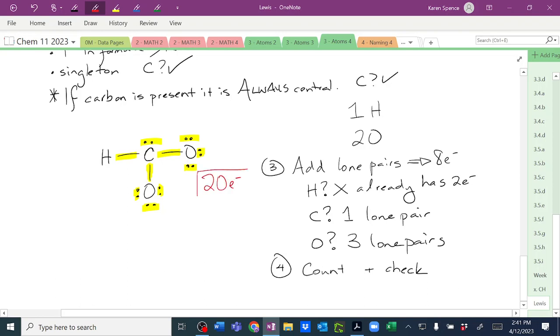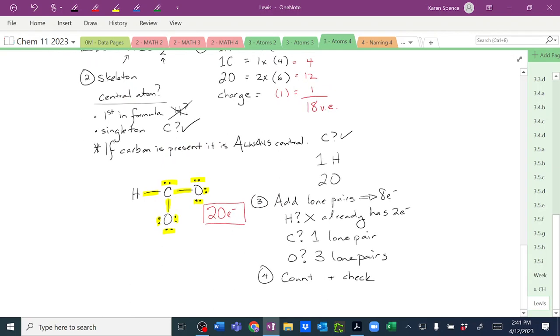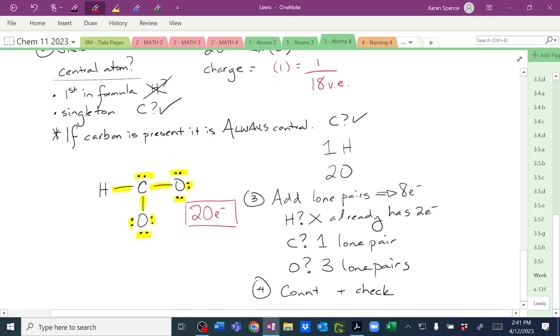So I have now counted. Now I need to check. Is 20 the same as 18? Obviously, no. Not the same.